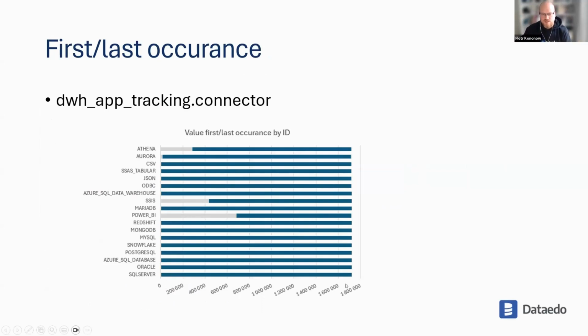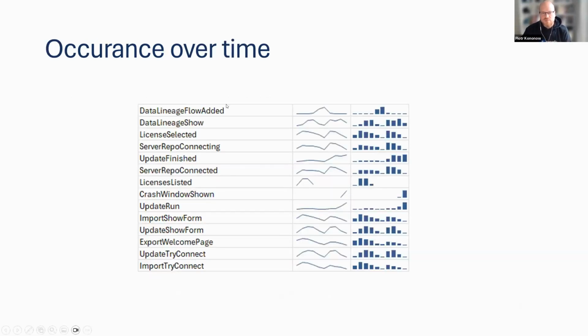So over here we can see the data set has 1.8 million rows, and you can see that most of them are appearing almost from day one, but Power BI and SSIS started appearing in the middle of the data set. So it gives you information on whether it is a new value or not, or is it not being used anymore. Same concept here, except displayed in the form of a sparkline, like a chart.